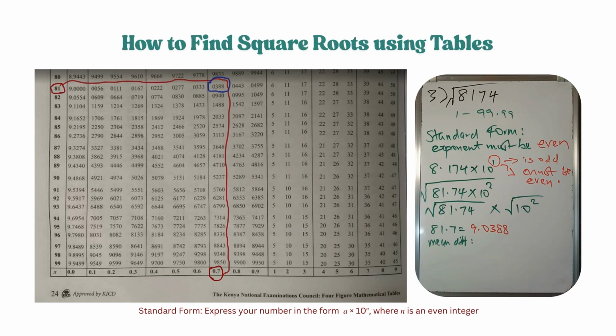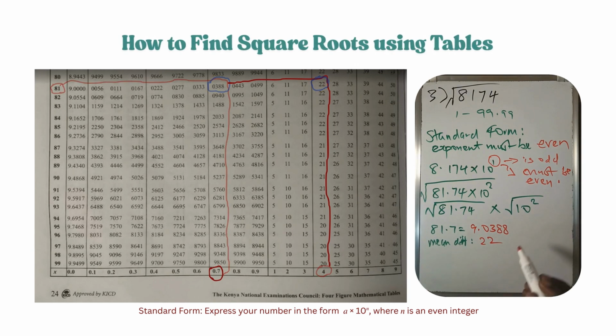Column 4, yeah, column 4, for the 4 in 81.74. The mean difference is 22 in column 4.